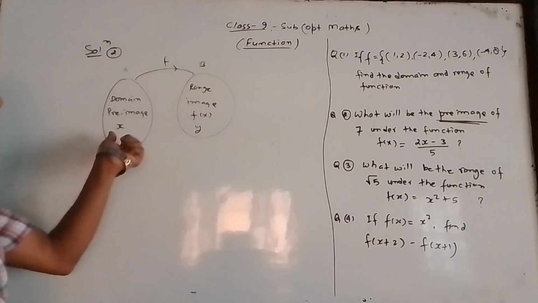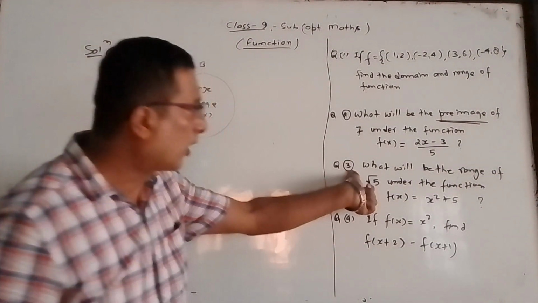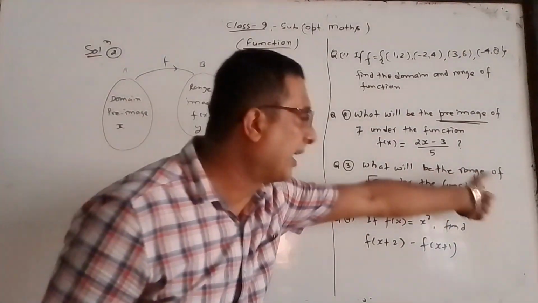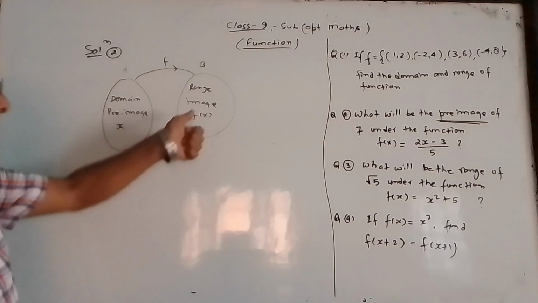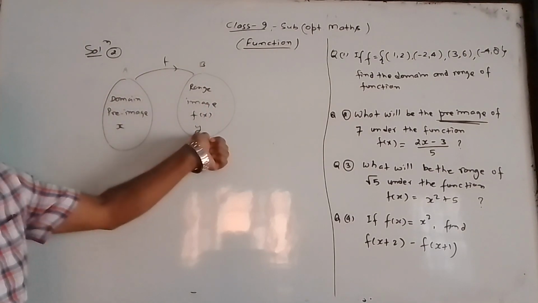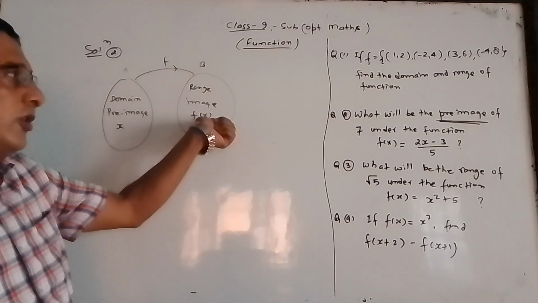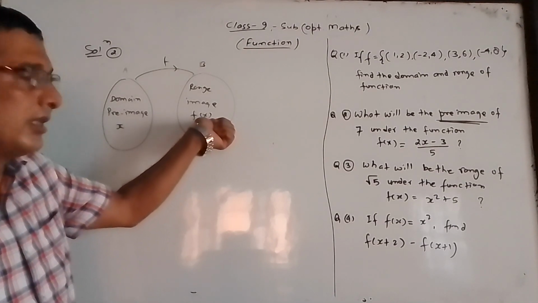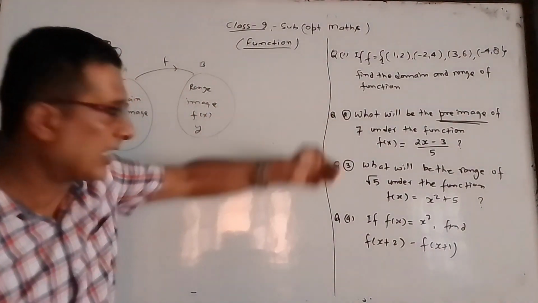The value of x means pre-image. And in the third question, what will be the range? Range means the y value, the value of f(x). Is that clear? So I am going to solve that concept in the second and third questions.